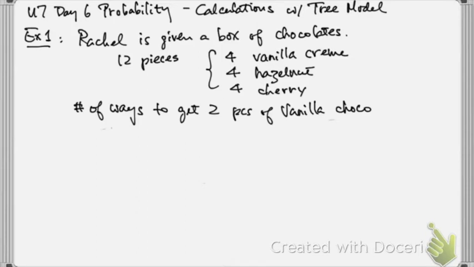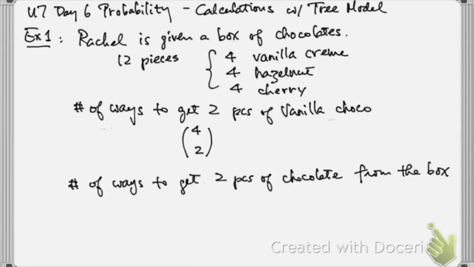That is the typical combination situation, right? I have 4 vanilla altogether, and all I need is 2. How many ways are there? This is the combination notation of 4 choose 2. Similarly, if I just want to get 2 pieces of chocolate, any kind, out of a box of 12, that would be the case of 12 choose 2.